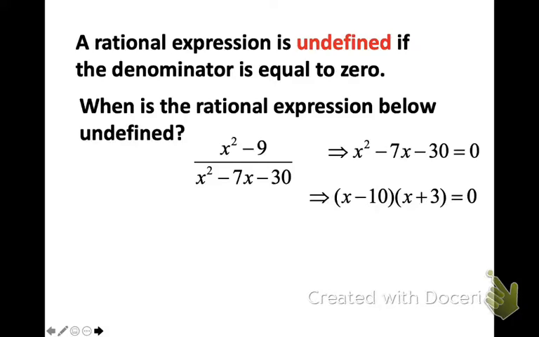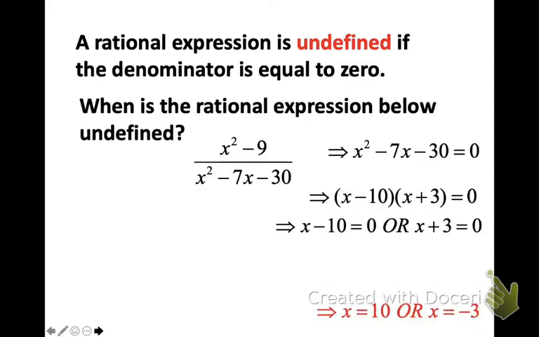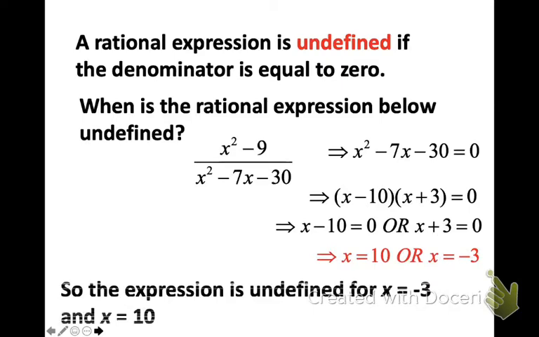X minus 10 equals 0, x plus 3 equals 0, and we come out with 10 or -3. So if it's equal to 10 or -3, then the rational expression would be undefined.